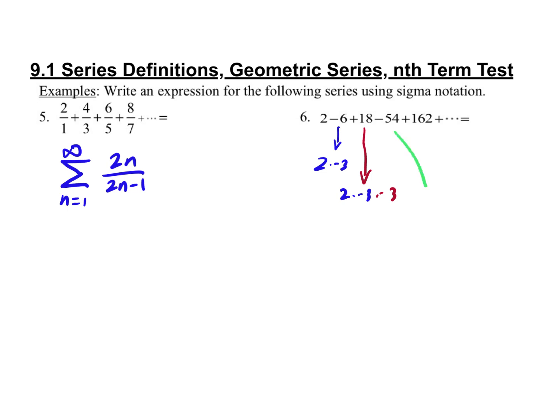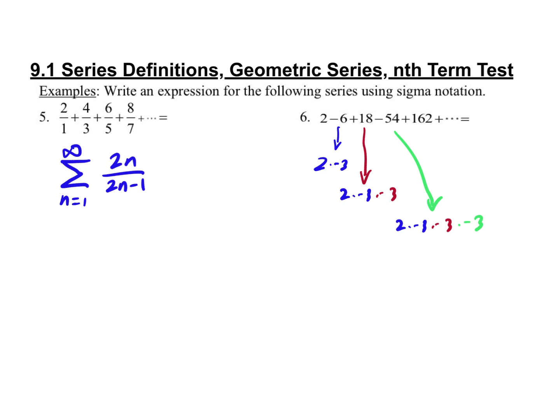This is all of this, I'll just copy it, times negative 3. Agree? We're good on that? So if only we had this way in math to have negative 3 multiplied by itself a bunch of times.